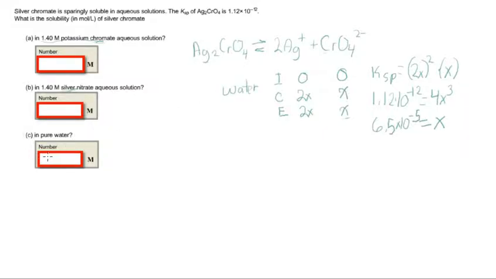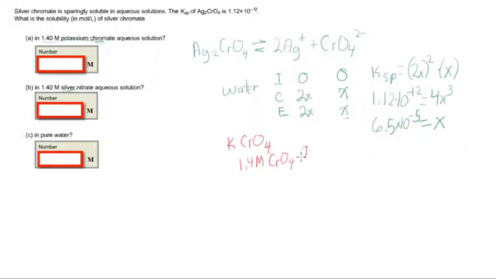What happens if we put it in potassium chromate? That's going to basically mean we have 1.4 molar chromate, because this dissociates evenly.